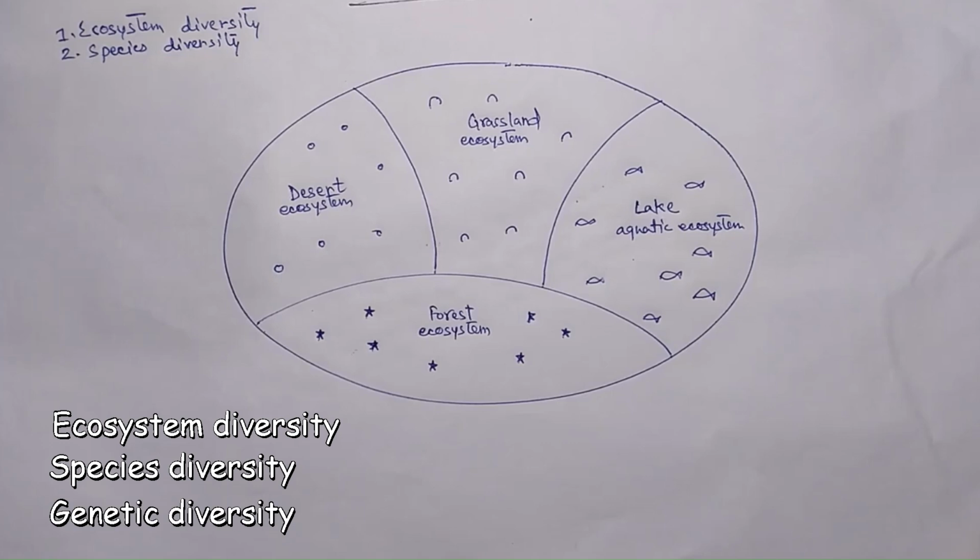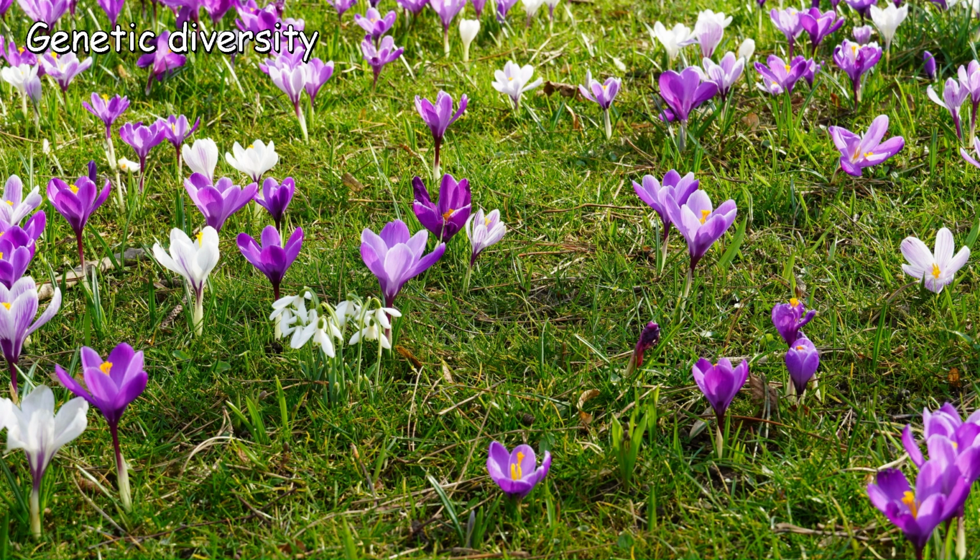To understand this genetic diversity, let us take an example. For example, there is a population of plant species growing in this forest area. Some individuals of these species bear white flowers and some individuals bear red flowers.